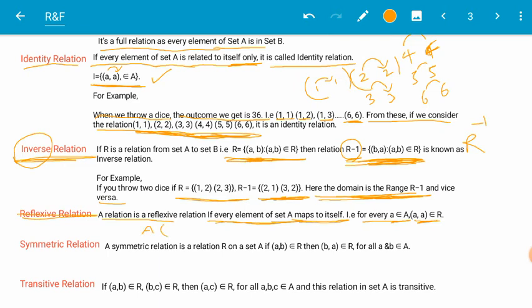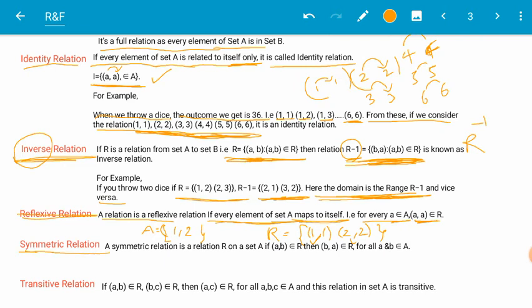A is equal to a set {1, 2}. Then R should contain, as we have two elements, (1, 1) and (2, 2). If these two elements are there, then we can tell it is a reflexive relation.